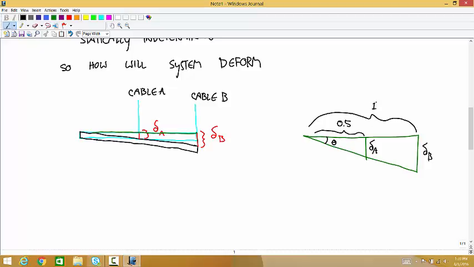And this is 1. Okay, so thinking of these as similar triangles, you know that delta A over 0.5 is going to be equal to delta B over 1. Or delta A is 2 delta B.